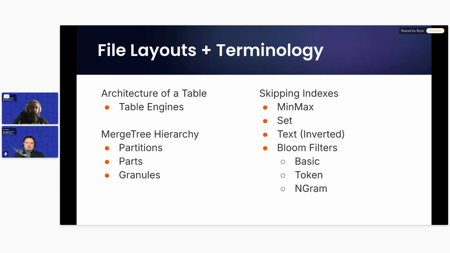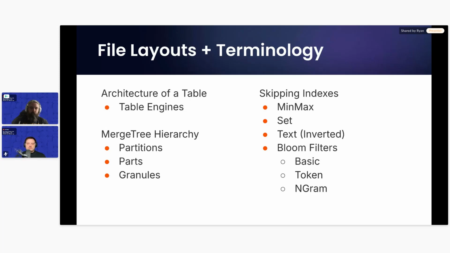Text indexes are inverted indexes and store data as a list of tokens as keys and a list of granules which contain those tokens as values. So this is very similar to something like Elastic or OpenSearch, how they work to store data. And then Bloom filters are pretty cool. They predate text or inverted indexes, but what they do is they allow you to optimize the index size by allowing the possibility for false positives, taking a somewhat probabilistic approach.